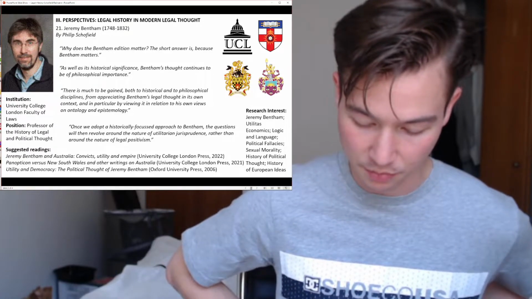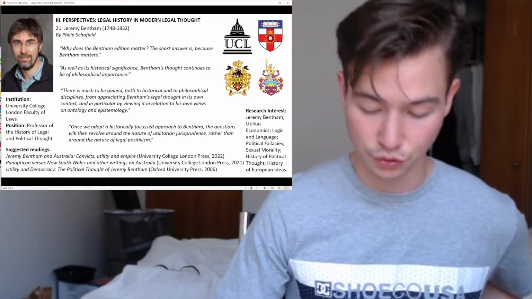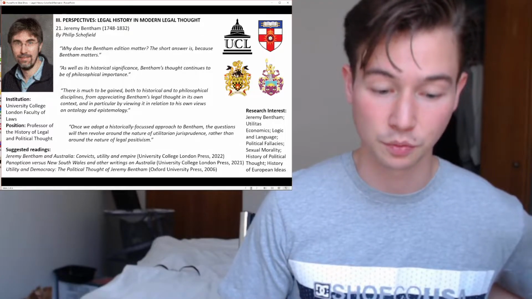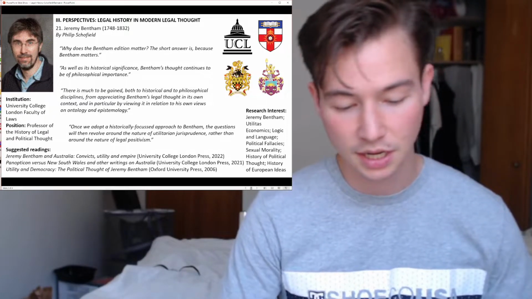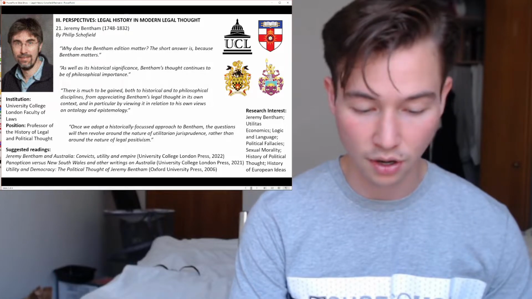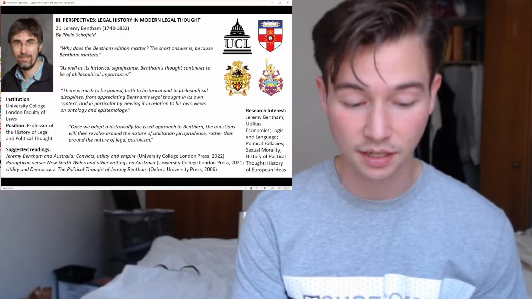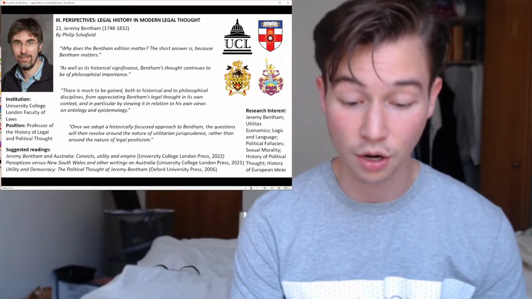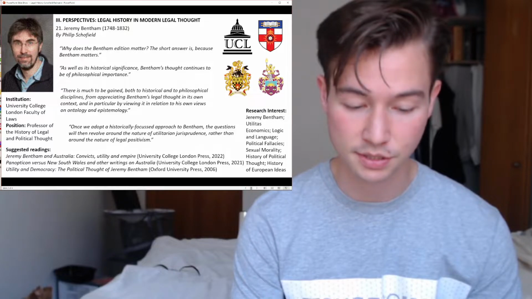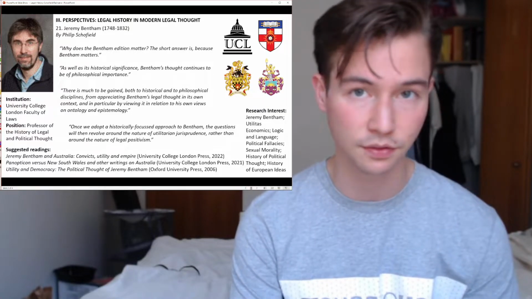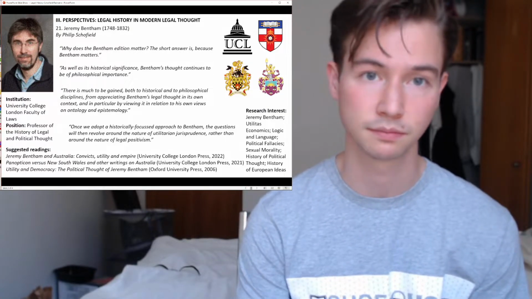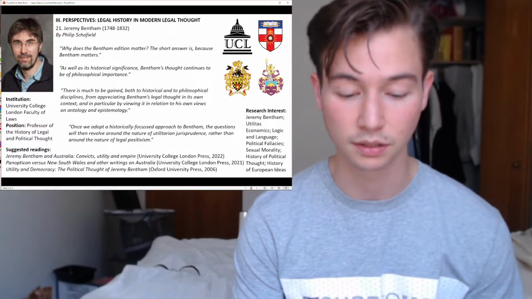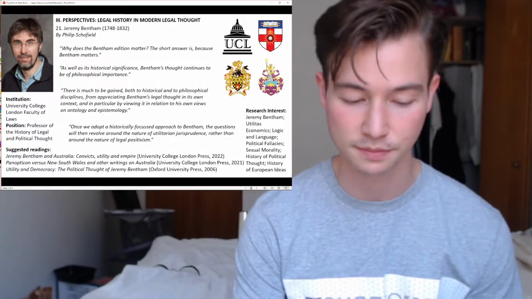He set the parameters for the modern discipline of jurisprudence, as we'll see in the next chapter. We'll talk about, quote, historical jurisprudence, and he did this by distinguishing law as it is from law as it ought to be, offering a profound critique of the natural law of the English common law, and proposing a whole range of legal reforms. So perhaps as we might differ from the intellectual covered in the previous episode, Blackstone did perhaps a lesser degree of actual reforms.